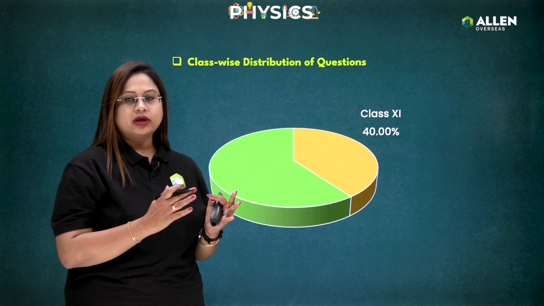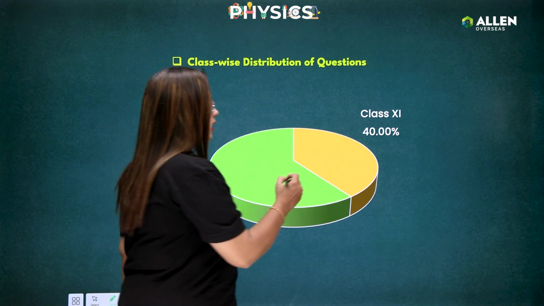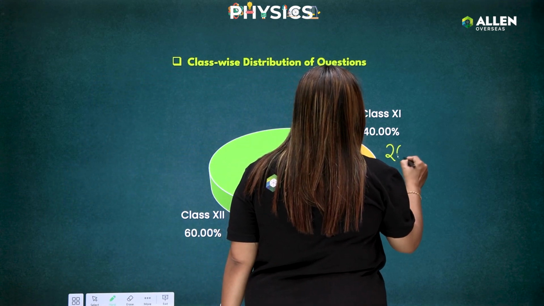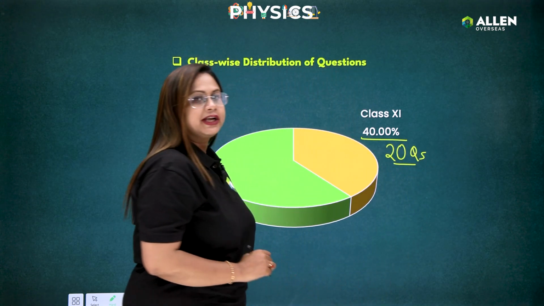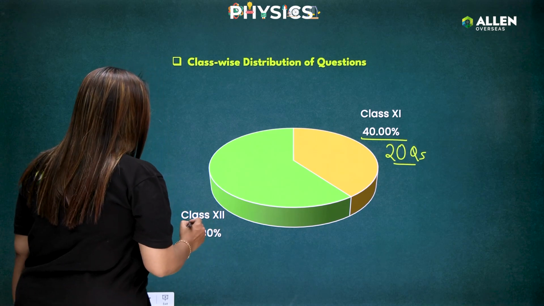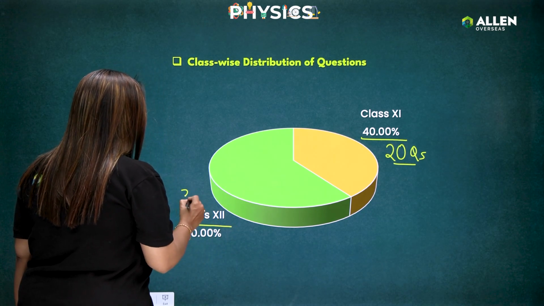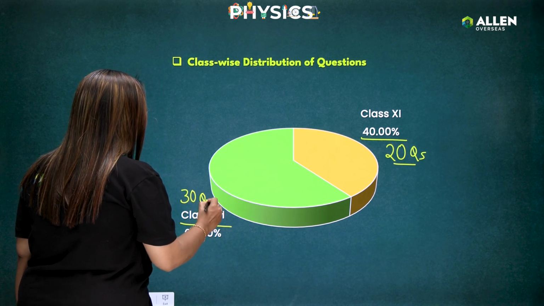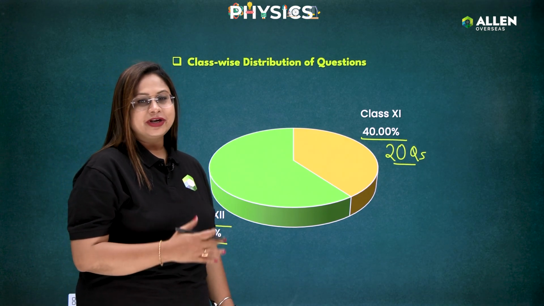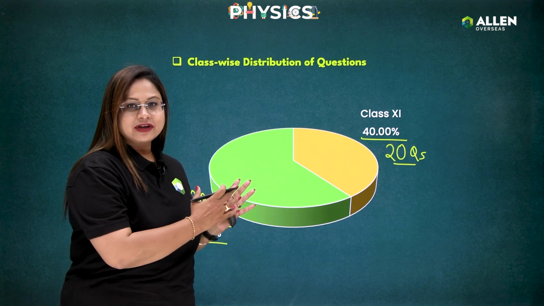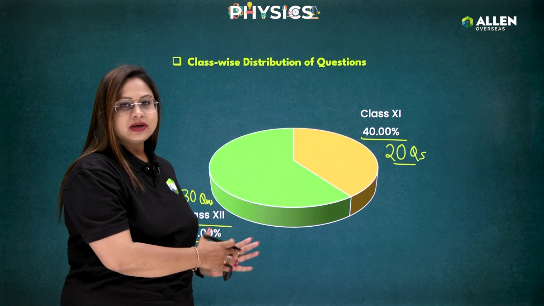Total 20 questions were asked from class 11, which makes 40% of the total weightage of the paper. Coming to the class 12 portion, 30 questions were asked from class 12, and that makes 60% of the question paper. So now it is very clear that weightage of class 12th was more in this paper as compared to class 11.